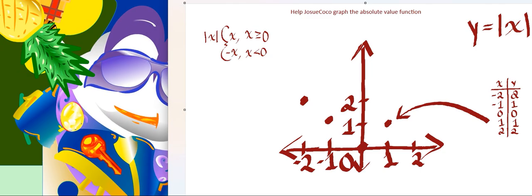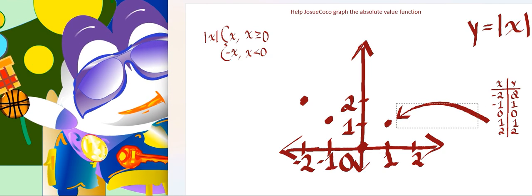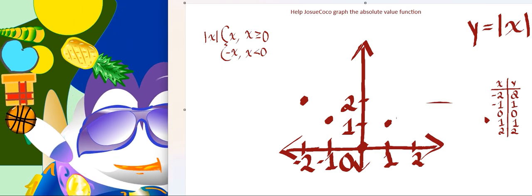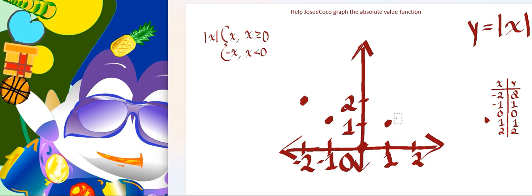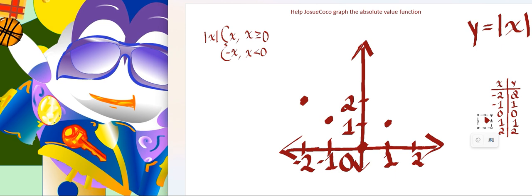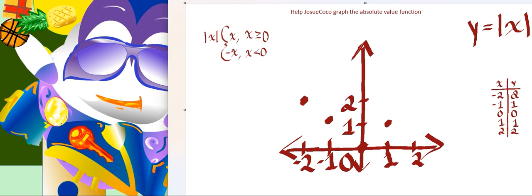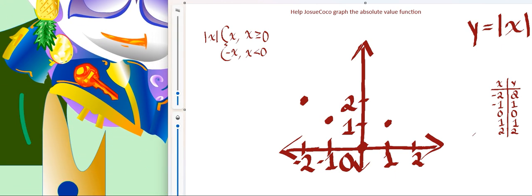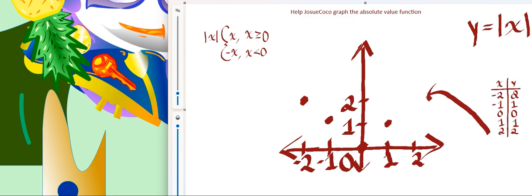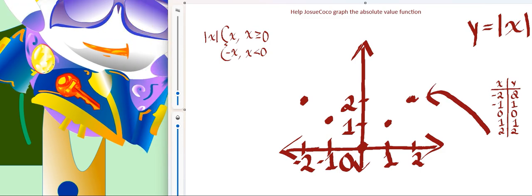Lastly, when x equals 2, y equals 2. And we'll place it right about here.